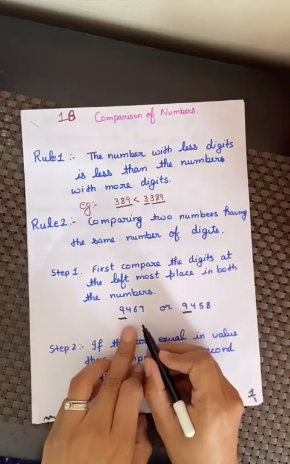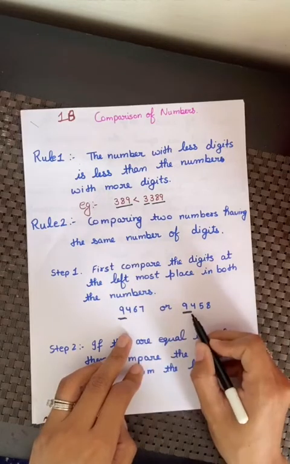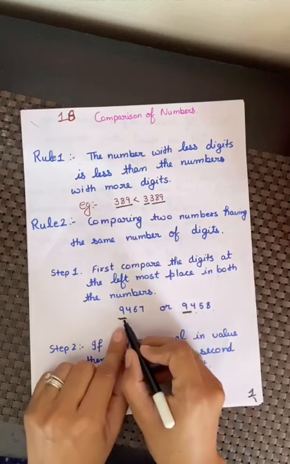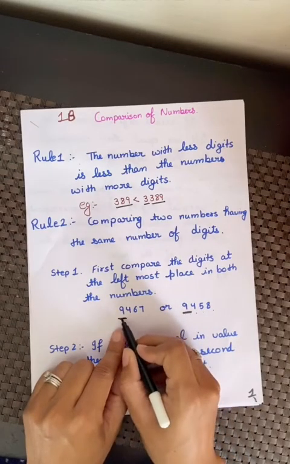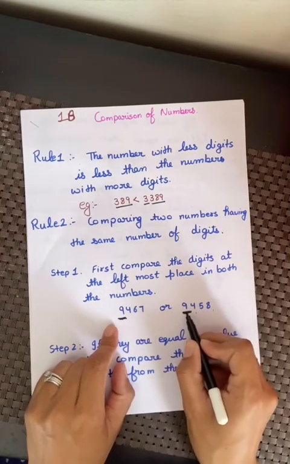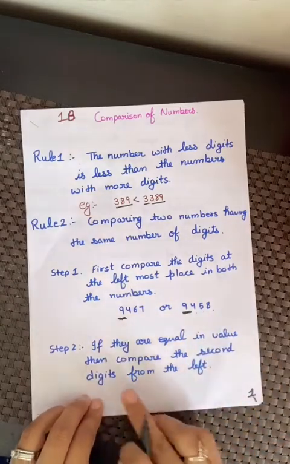Suppose we have these numbers, 9467 and 9458. Firstly we compare the leftmost place of the numbers. In this example we have 9 here and 9 here, so we follow the second step.